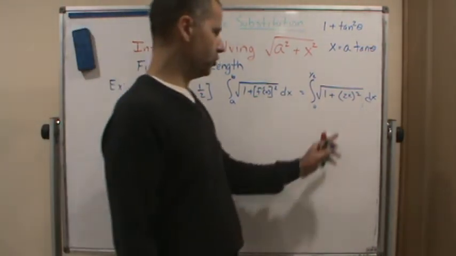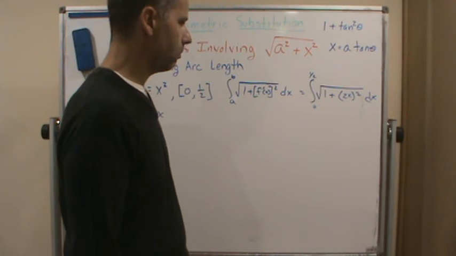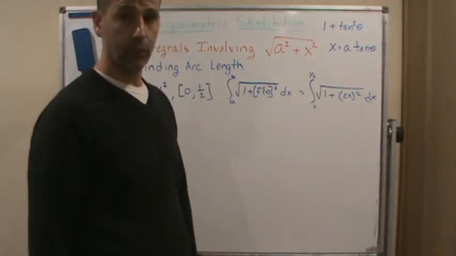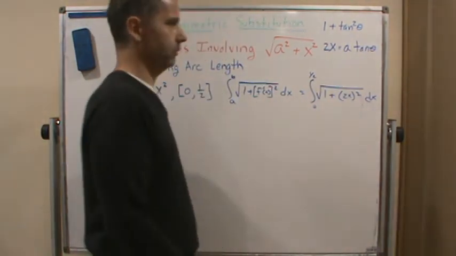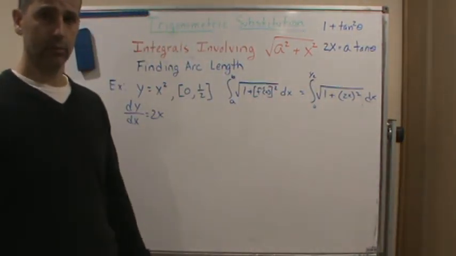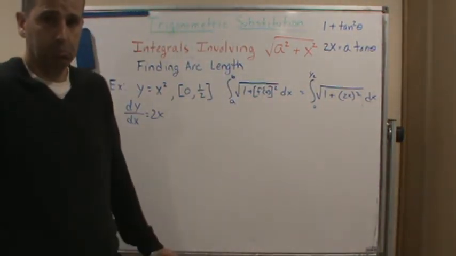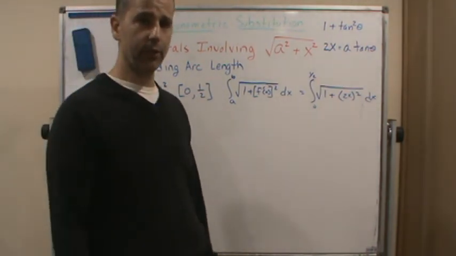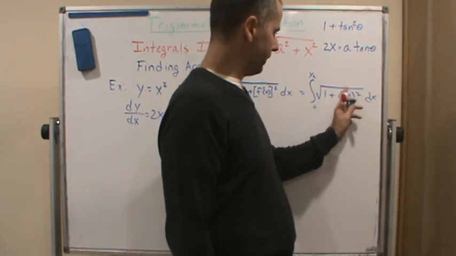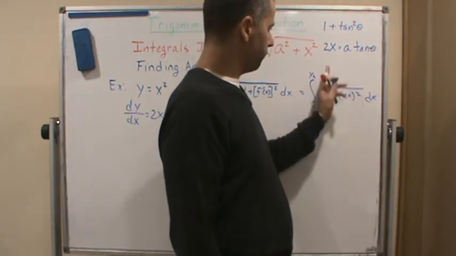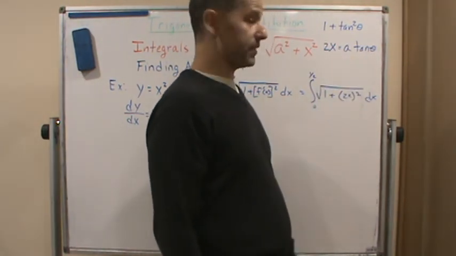But now we've got this 2. Well, we'll just make 2x equal to that. Nothing wrong with doing that. So we can make 2x equal to this. We just need to make this substitution equal to a times tangent theta.